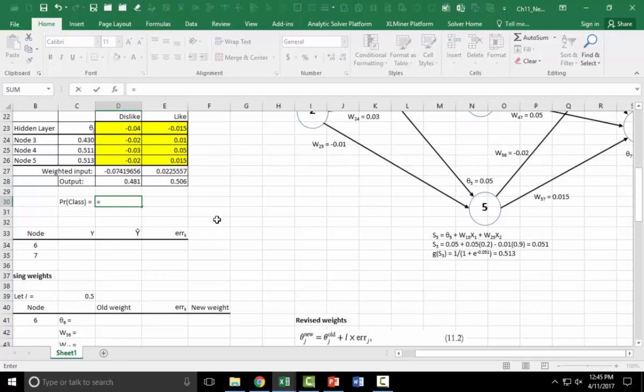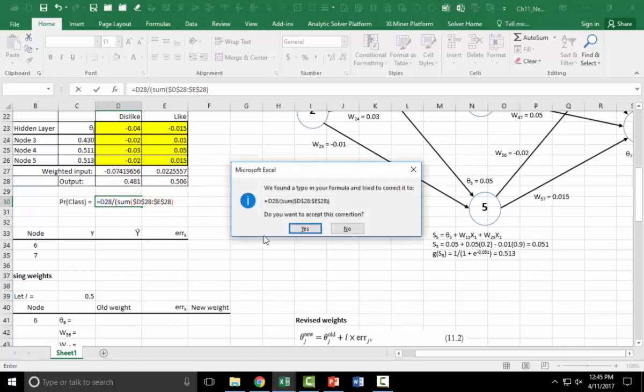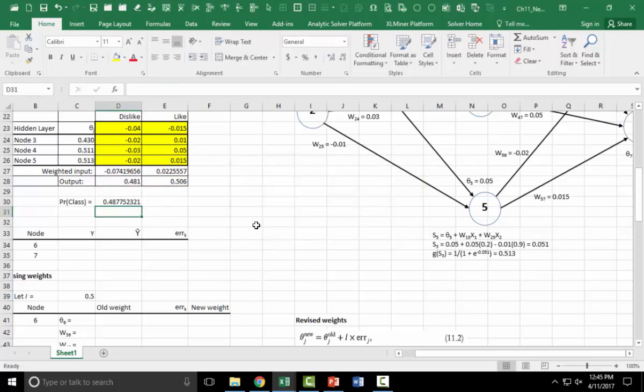So you take that, divide by the sum of those two. Now these are probabilities because they will sum to 1 now.